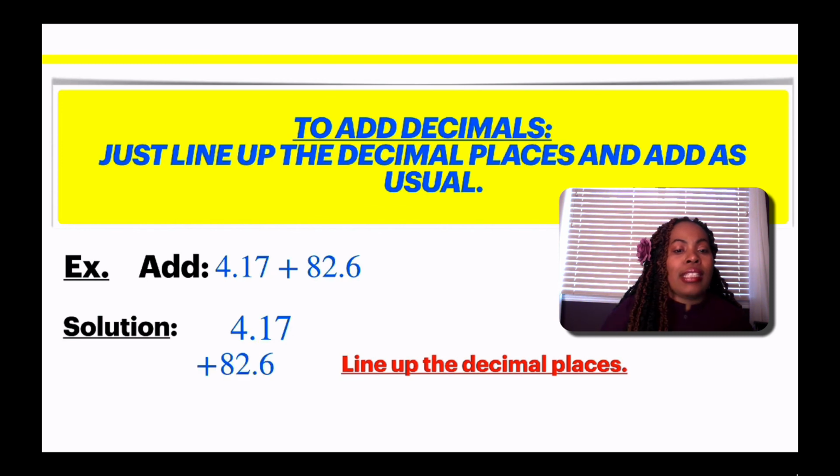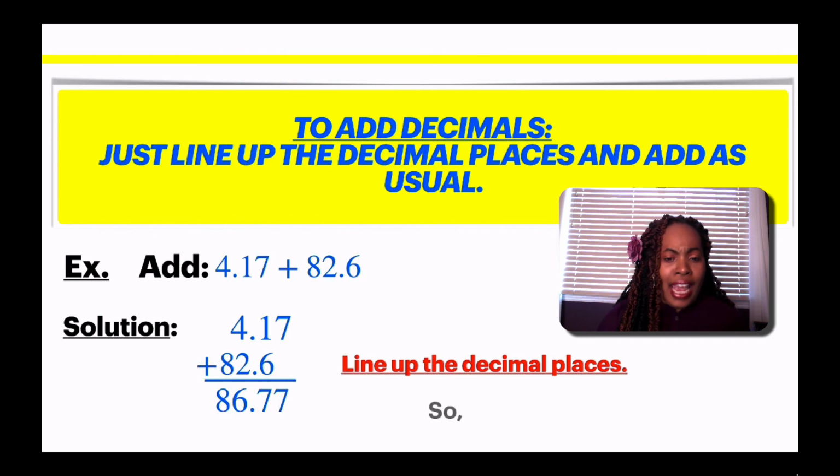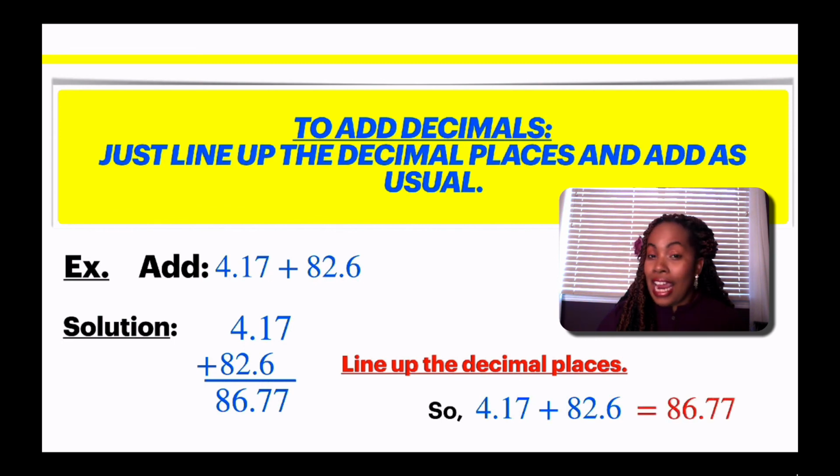So we get 4 and 17 hundredths plus 82 and 6 tenths. We line up that decimal beautifully, and then here's what you do. You add as usual, and you end up with 86 and 77 hundredths. I tell you, adding decimals is very, very easy. So 4 and 17 hundredths plus 82 and 6 tenths gives us 86 and 77 hundredths.